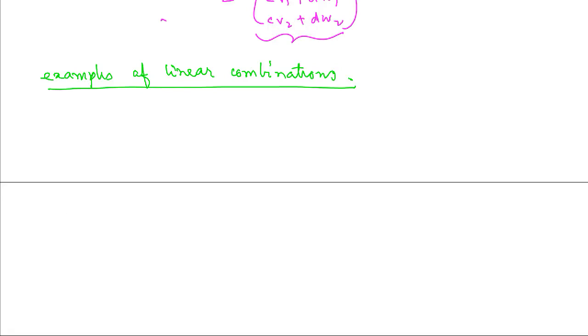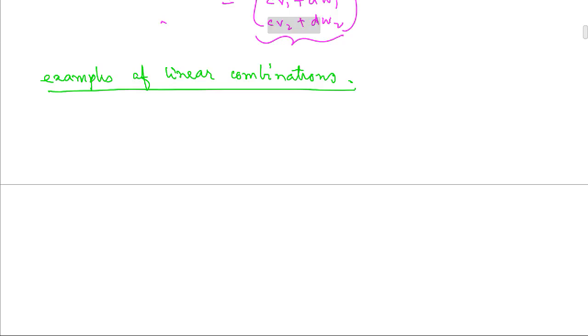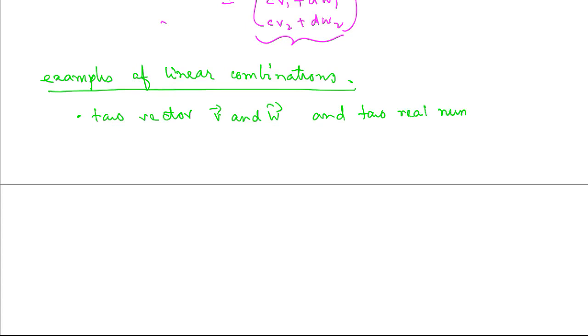We will deal with two vectors here, v and w, and two numbers, any two real numbers, c and d, and we will consider different values for c and d.